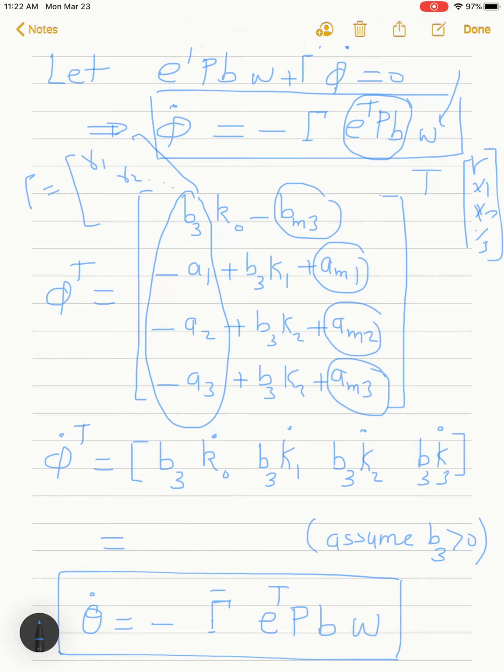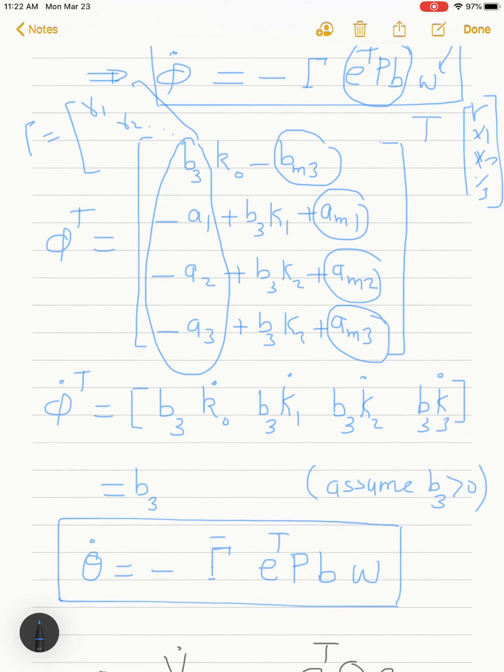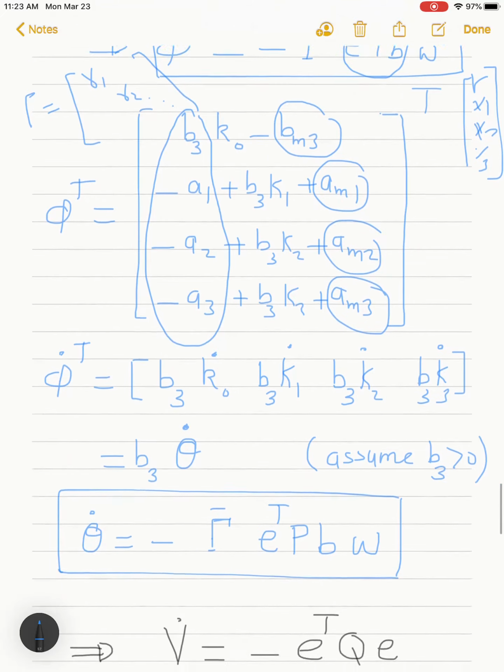I can take, of course, B3 as a common factor, and the result would be just theta dot, where theta dot would be k naught dot, k1 dot, k2 dot, and k3 dot. This is the vector.